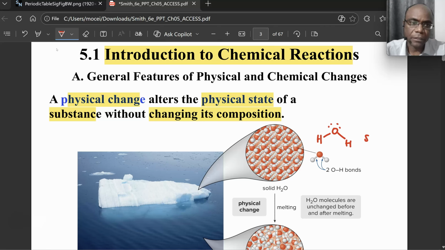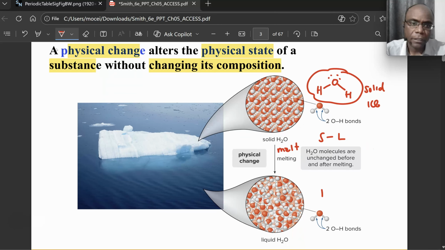And if this is in solid state, what people call ice, the formula is the same. If you melt the ice from solid state to liquid state, you get liquid water. Guess what? The formula stays the same. The composition is the same, but this time it is in liquid state.